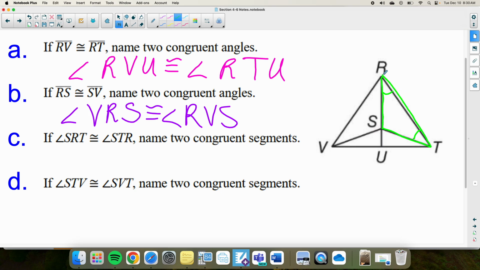These two are the congruent angles, and that makes these two opposite that. Those would be the congruent sides. So it's always the sides across from those two angles. So I could say RS is congruent to ST or TS.